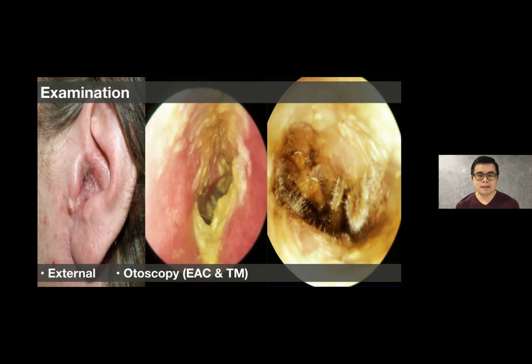Is there any pus, any fungus spores, any polyps? And then you want to check whether the canal is patent or not, or is it so edematous that you can't actually insert your scope inside. And finally, at the end of the canal, you should be able to see the tympanic membrane. You want to comment on whether it is intact or perforated.